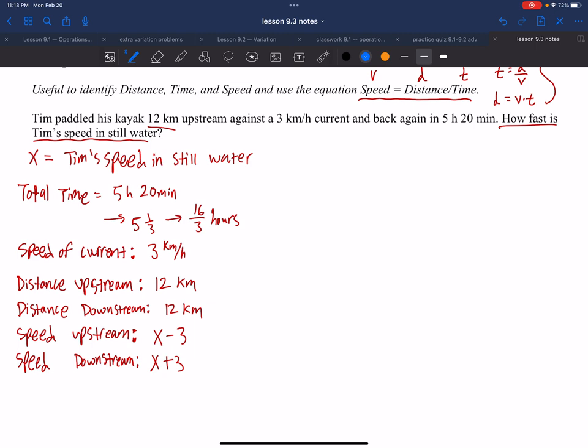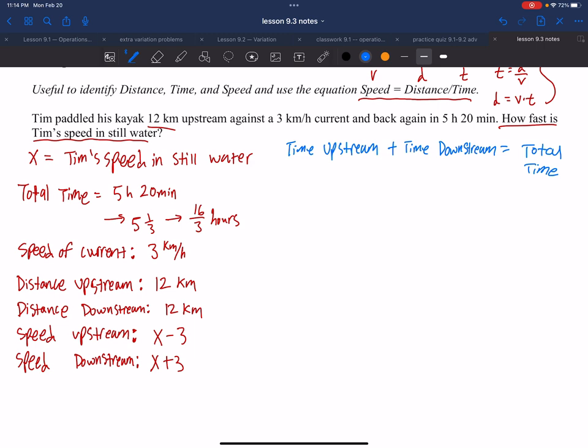Now, we know total time, so if you can add the time spent rowing upstream, and you can add that with the time spent rowing downstream, then that's going to equal his total time.